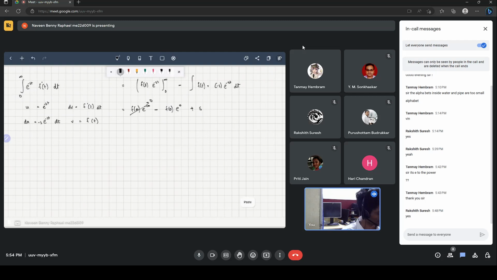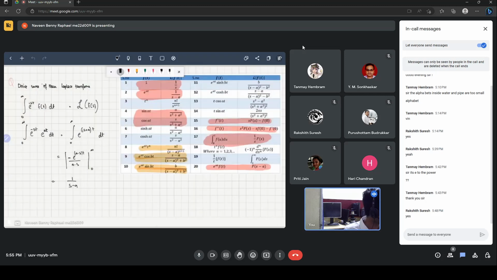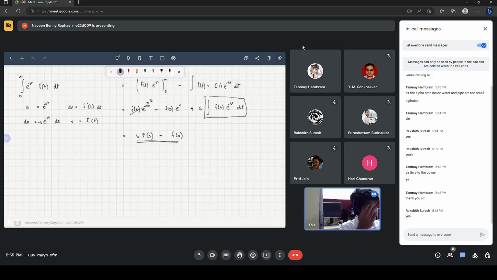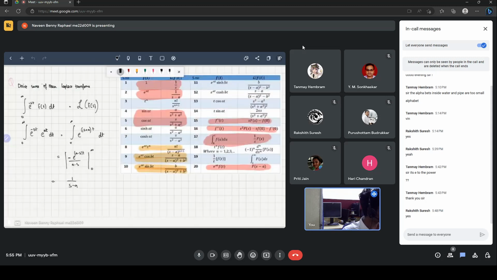S does not depend on t. So we get the integral of f of t e to the power minus st dt, which is the definition of the Laplace transform. Here we get s into F of s minus f of 0, and that is exactly what we have here. The important thing is you can do the same thing for f double prime and likewise for any higher order terms.